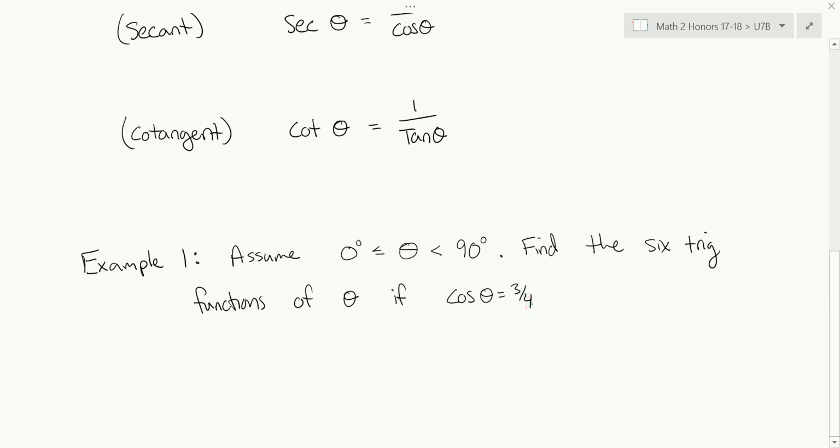So really you only need to find 5 more. I tell you one of them, you have to find the other 5. Some are easier than others to find. What's one we can get right away? The secant, the reciprocal of cosine.